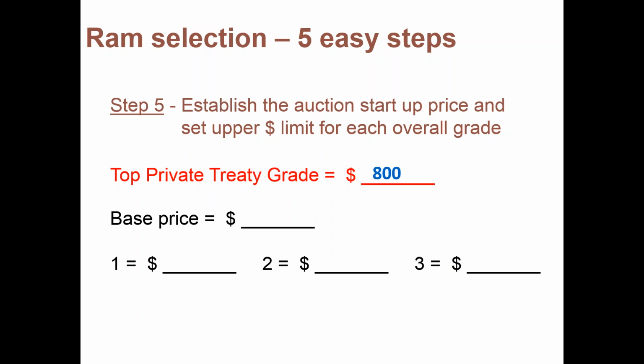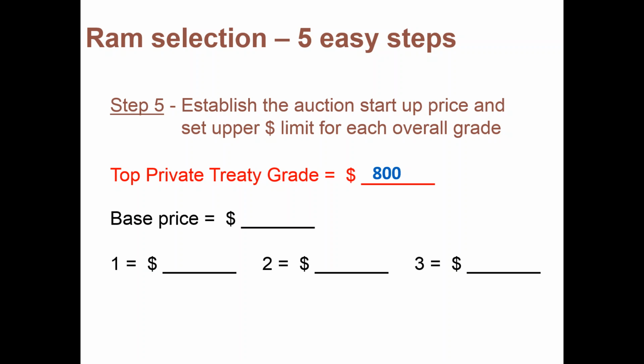We're all optimists and we hope we get them lower than that limit, but in the end, knowing what your business can effectively make from those rams will allow you to go up to that limit, and it will effectively make money for your business. So in this little example I've given, the rams that I might buy after the sale are worth $800 each. That's the private treaty grade price.